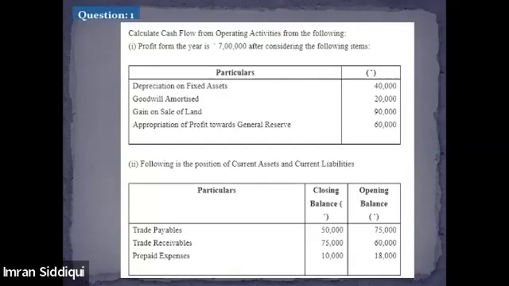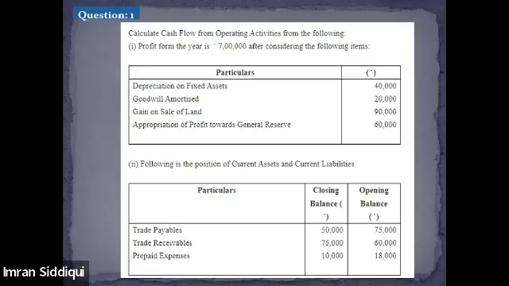All right, everyone. So we'll be talking about this question number one. Calculate cash flow from operating activity. Profit for the year is given at 7 lakh, after considering the following items: depreciation on fixed asset, goodwill amortized, gain on sale of land, appropriation of profit toward general reserve.